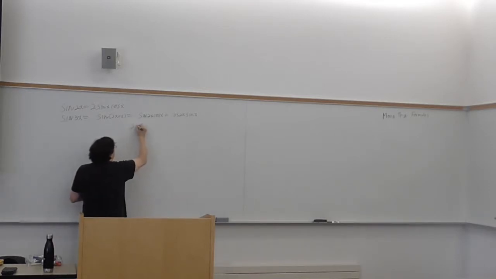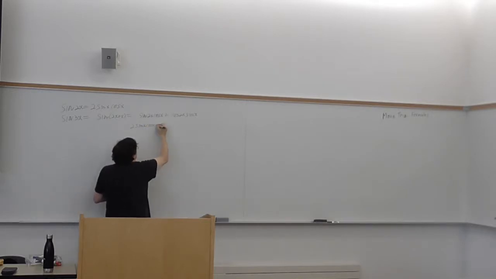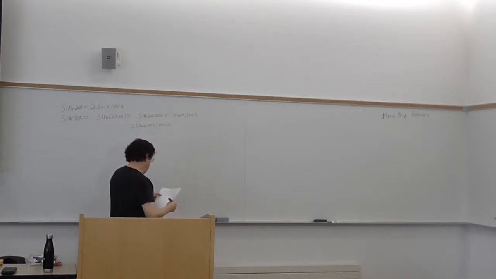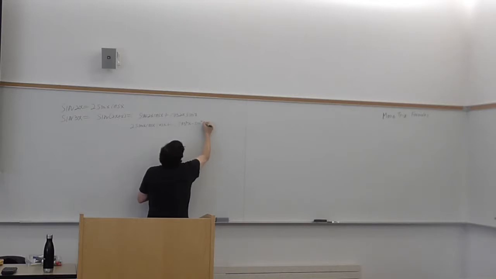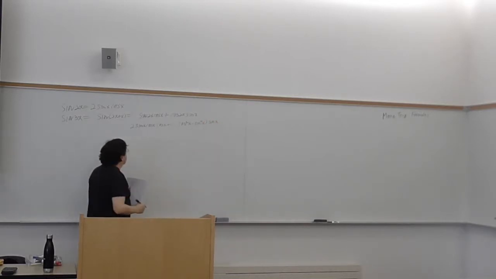Sine of 2x is 2 sine x cosine x, times cosine x. And cosine of 2x, that's cosine squared x minus sine squared x, times sine x.